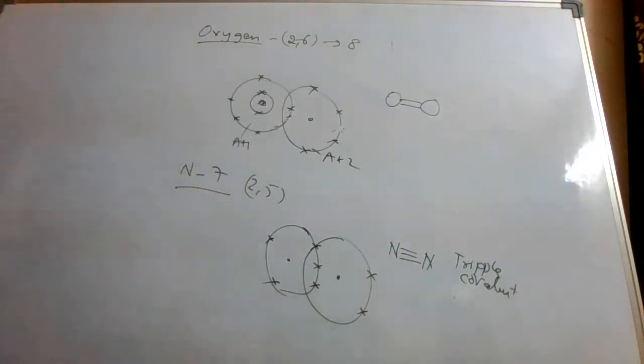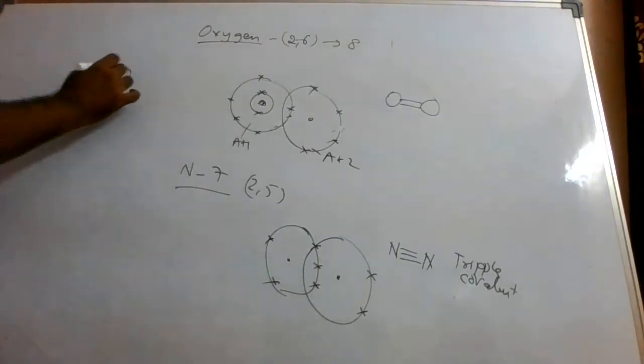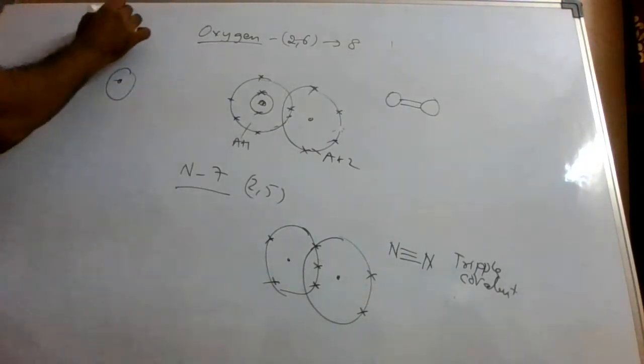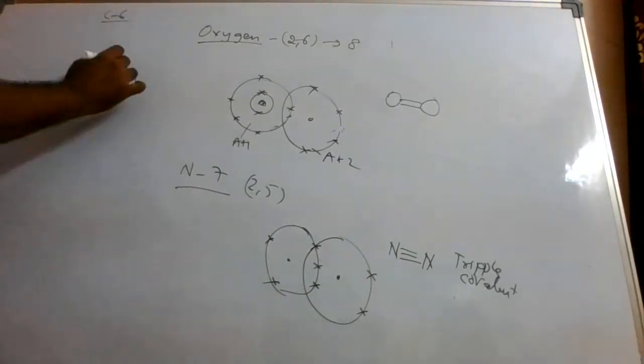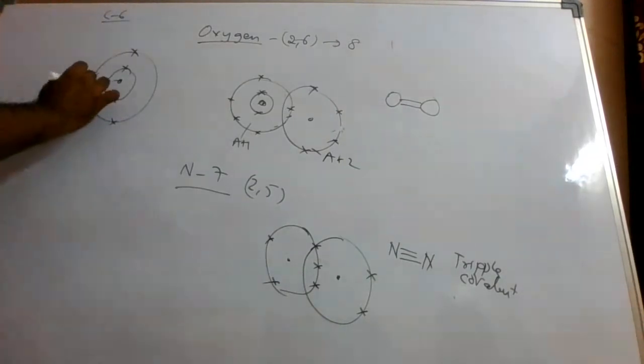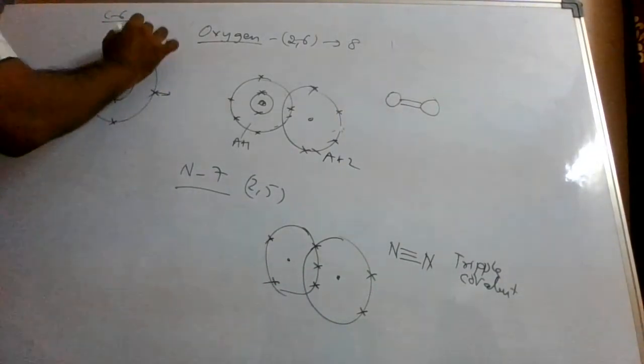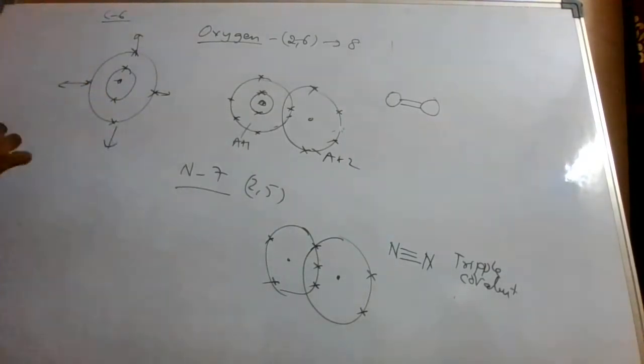So in the case of carbon, when you talked about carbon, carbon atomic number is 6. So you have 2 here, and in the outer shell you have got 4. Okay, so here it can share, here it can share, here it can share, here it can share.